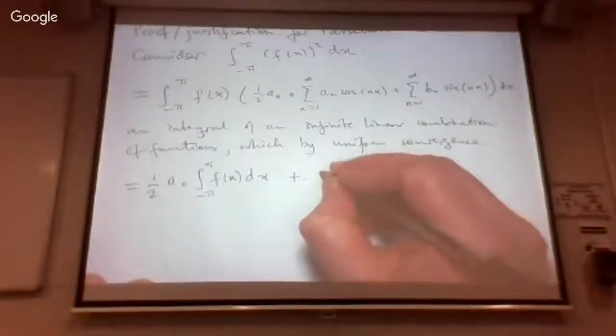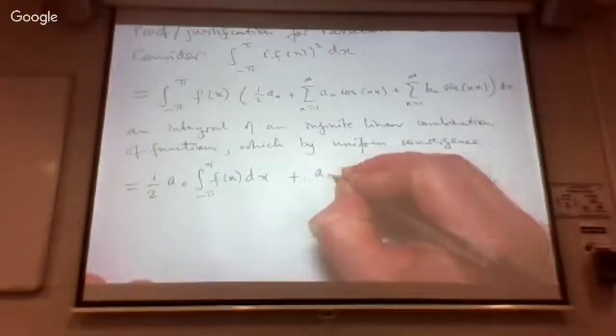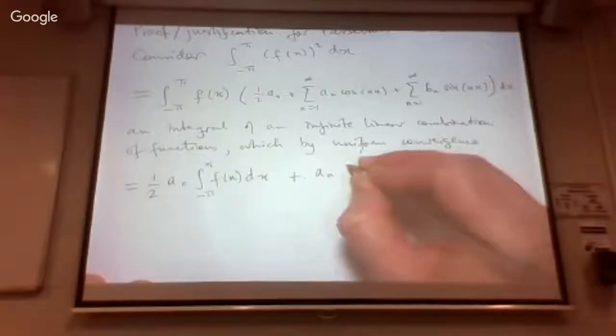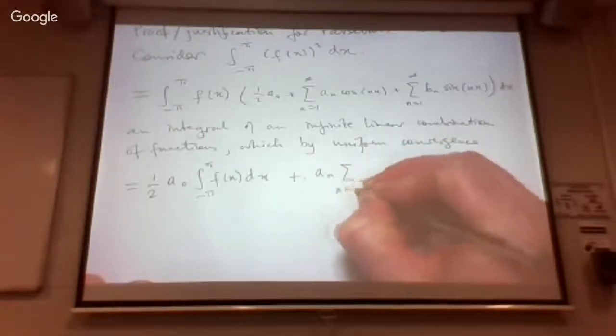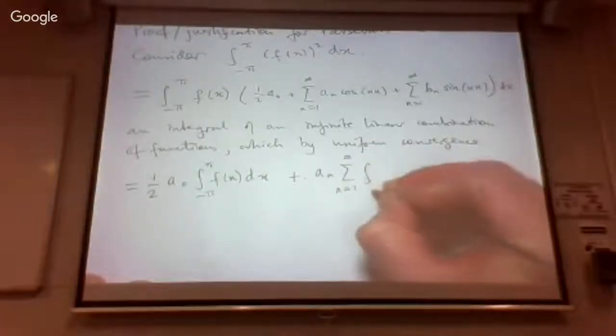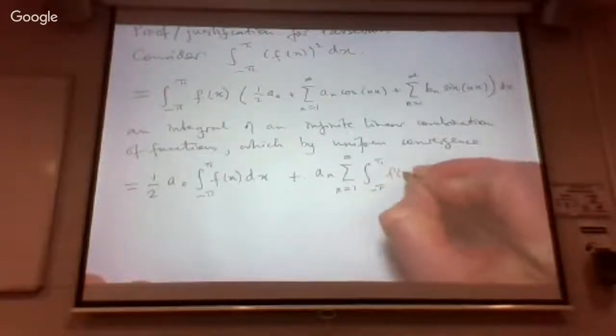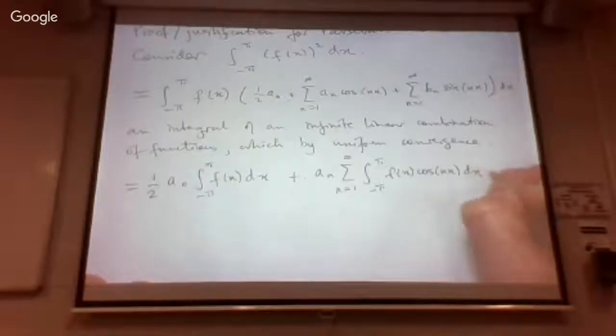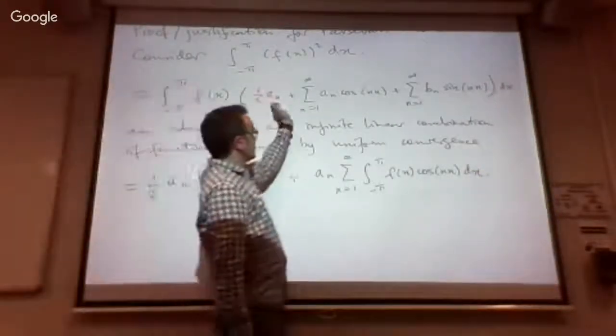So this will become an, which doesn't depend on the integral, times the sum from n equals 1 to infinity of the integral from minus pi to pi of f of x cosine nx dx. So the integration moves inside the sum. So I've got the sum of the integrals.